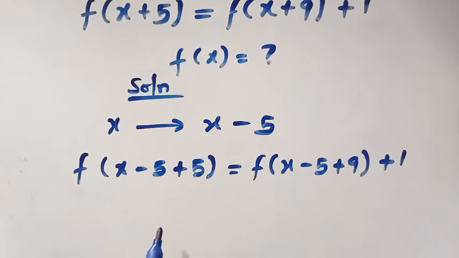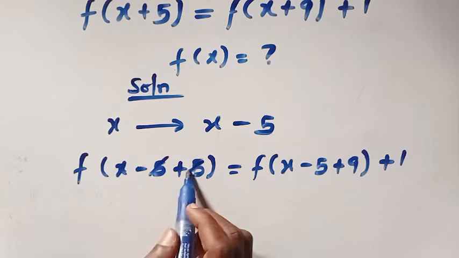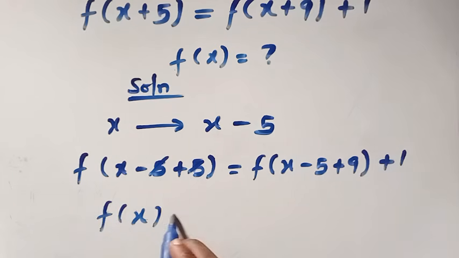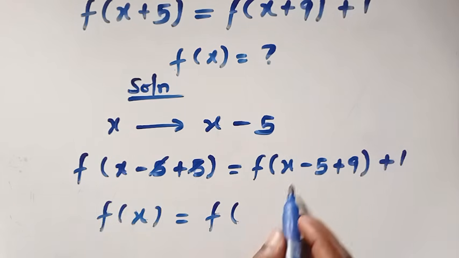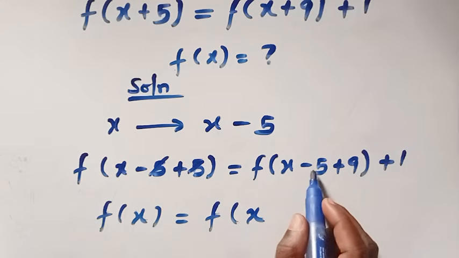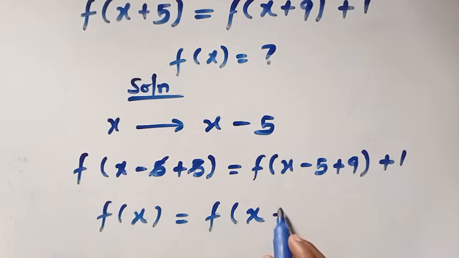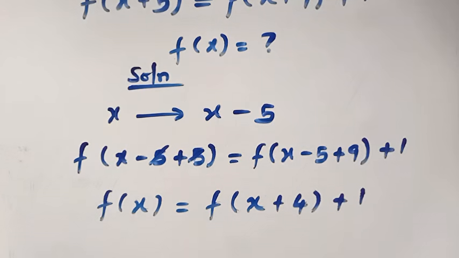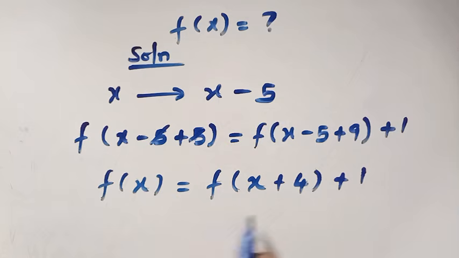Since plus 5 and minus 5 cancelled, we have f of x equals f of x, then minus 5 plus 9, that gives us plus 4, then plus 1. And this is equivalently making f of x plus 4, transferring it to this side.